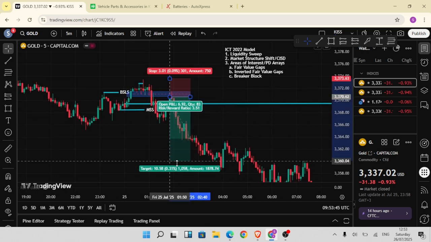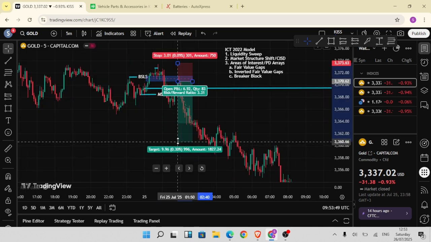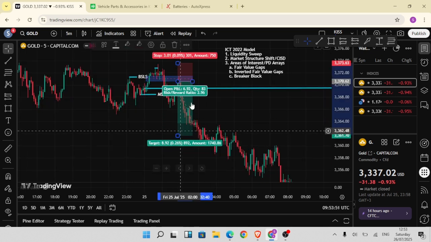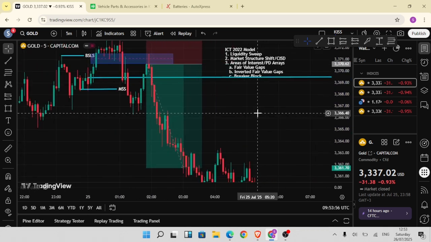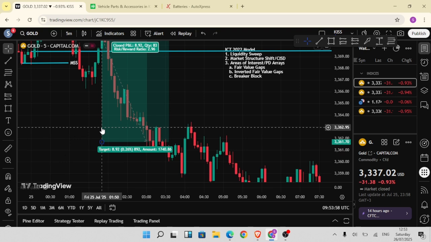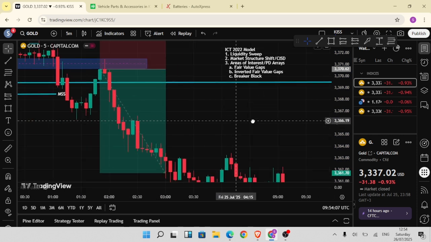We want a 1 to 3. You can even take a 1 to 4 this time. And we look. We took this trade at 1:50 a.m. in the morning, and at 3 a.m. take profit was hit.